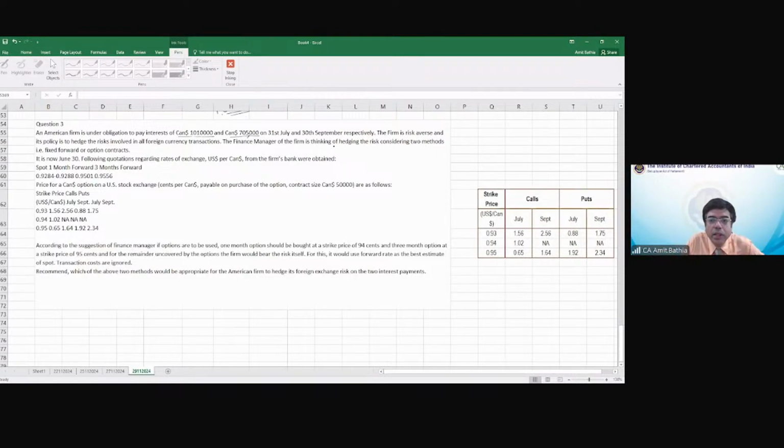The firm is risk averse and its policy is to hedge the risks involved in all foreign currency transactions. The finance manager of the firm is thinking of hedging the risk considering two methods, that is fixed forward or option contracts. It is now June 30. Following quotations regarding rates of exchange, US dollar per Canadian dollar, from the firm's bank were obtained.